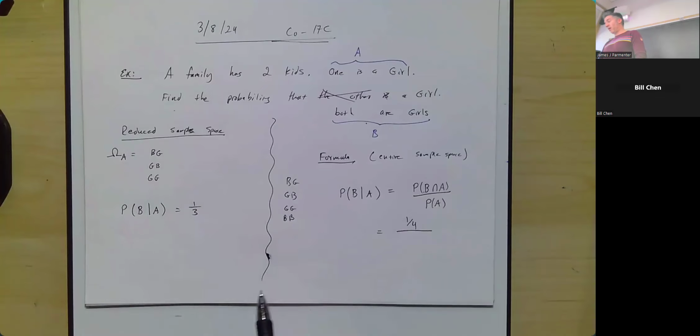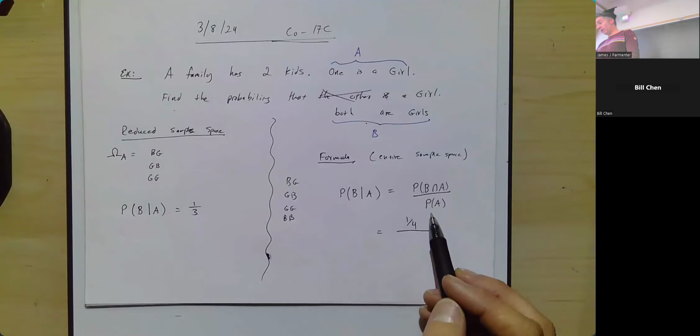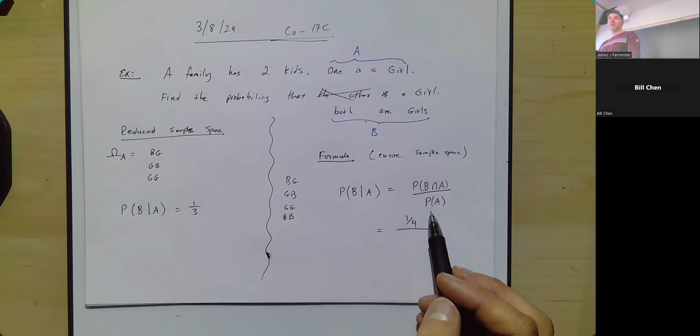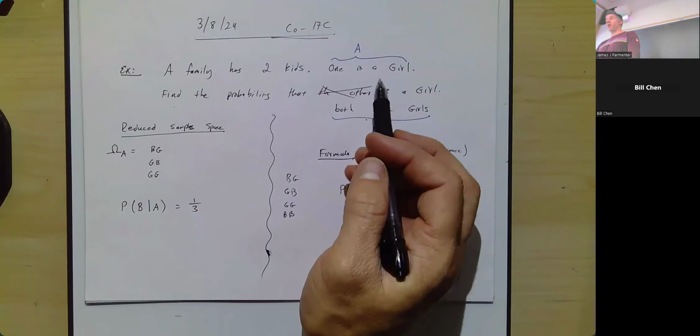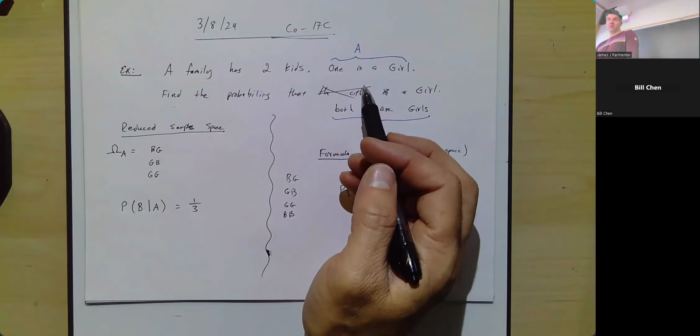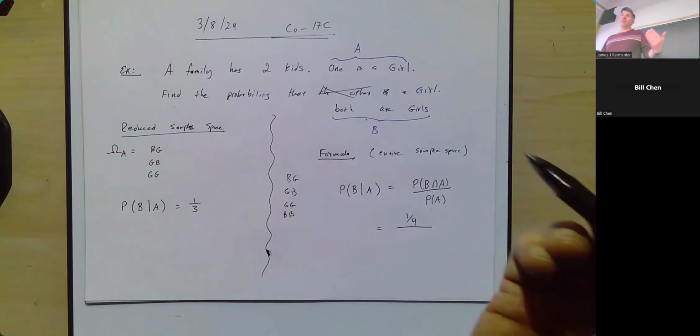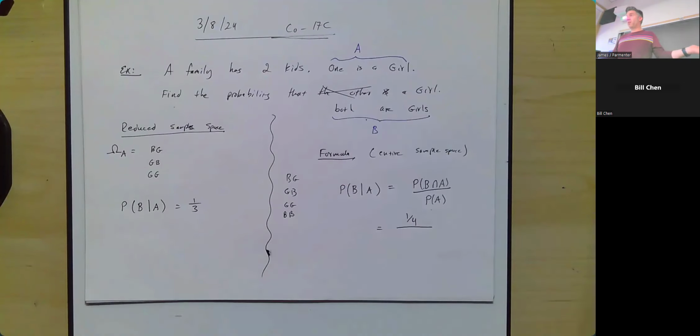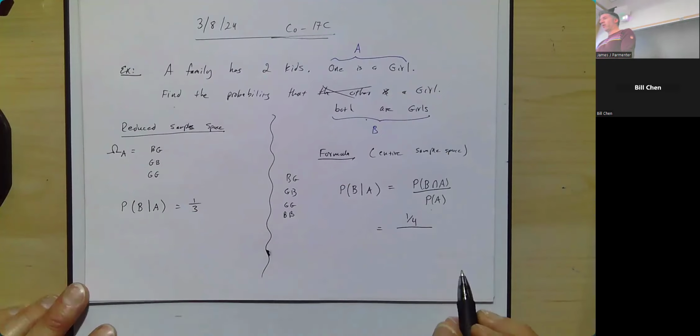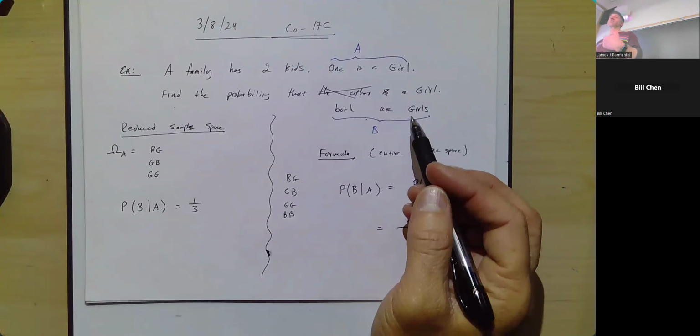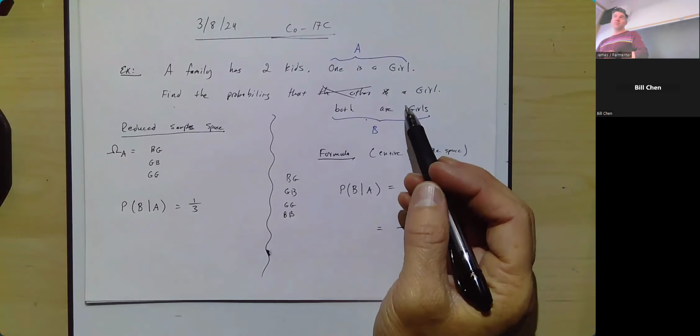But then the probability of having at least one girl, not exactly one, right? This doesn't say exactly one child is a girl. It says one is a girl. And so when we read it that way, we're saying you could have 1 girl or you could have 2. I know the language there is maybe a little misleading, but we're trying to see at least 1 because we're looking for there being 2.